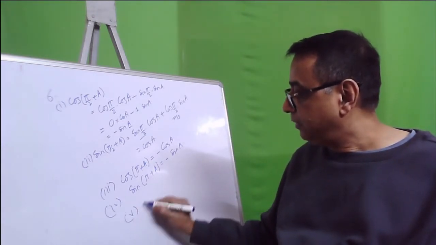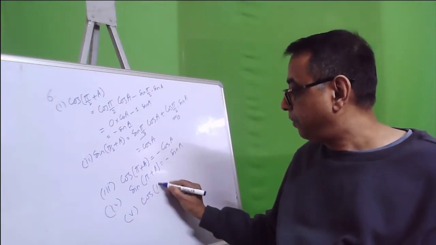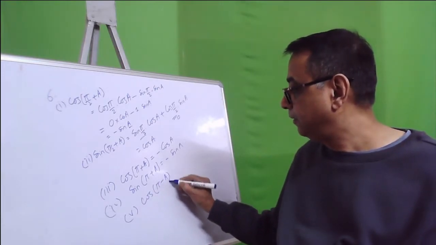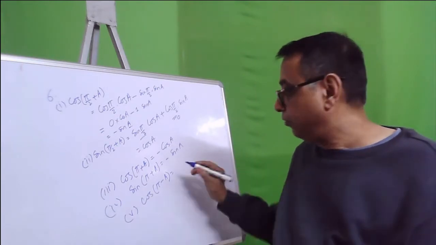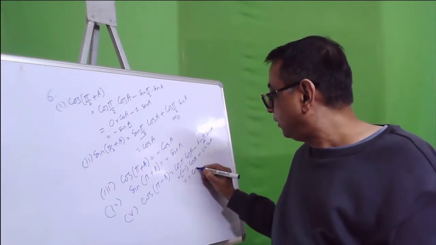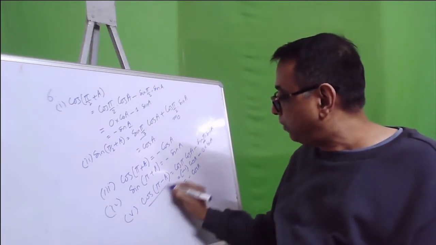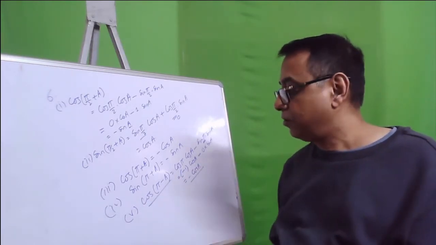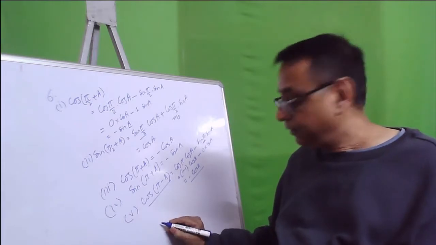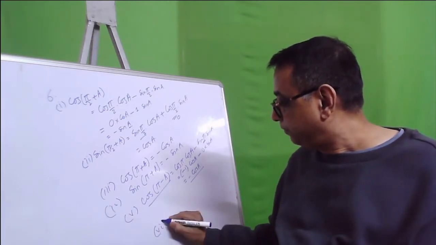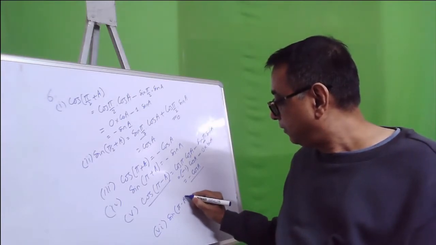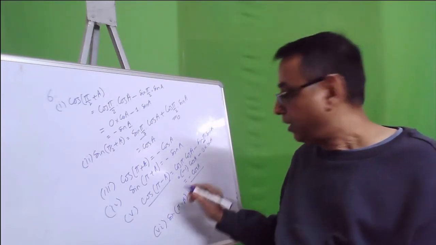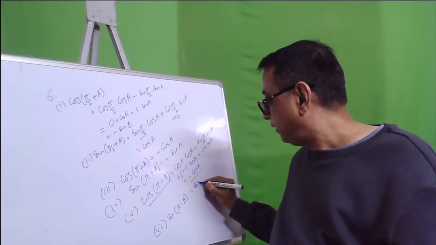Fifth will be cos(π − A). Again let us put the values, so it will be −cos A. So cos(π − A) is equal to −cos A, and here in this series the last one will be sin(π − A). Again we will put the values and we will find it is sin A.